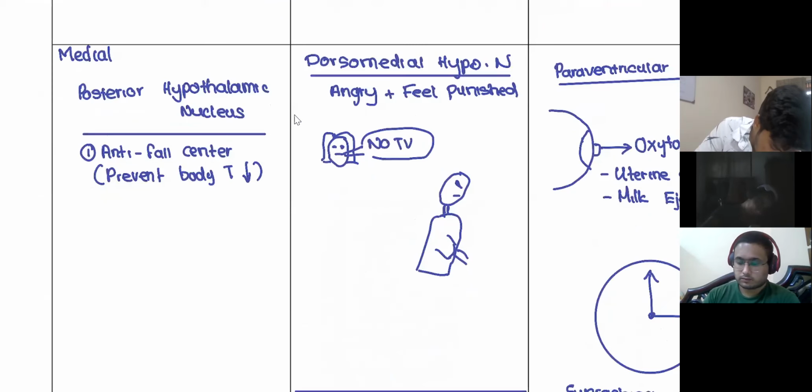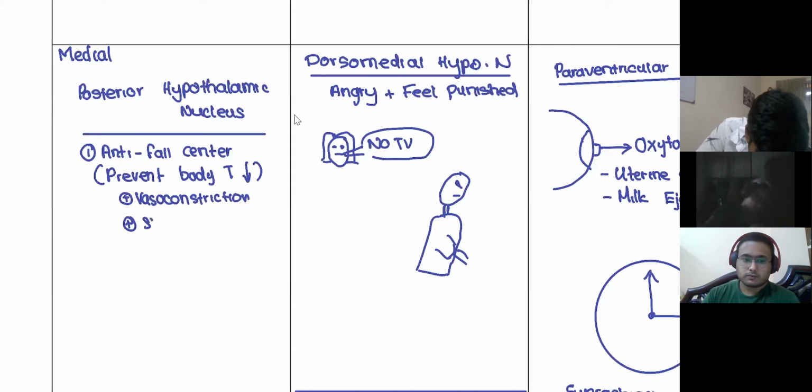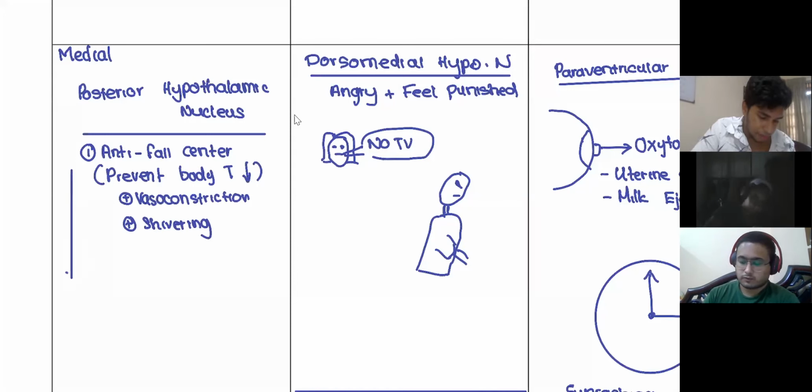So the two opposite functions. It causes vasoconstriction and shivering. Okay, and this is associated with the sympathetic nervous system.